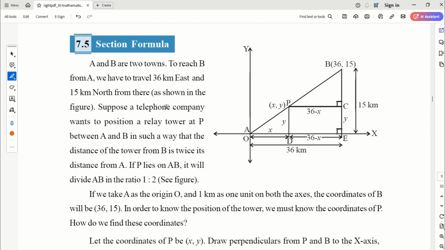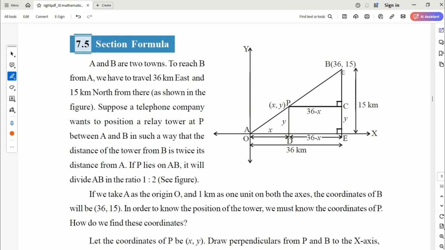Okay, so let's take an example. A person is traveling 36 kilometers to the east, from A to E, and 15 kilometers to the north, that is to B. Now we know that the line segment AB is the shortest distance.